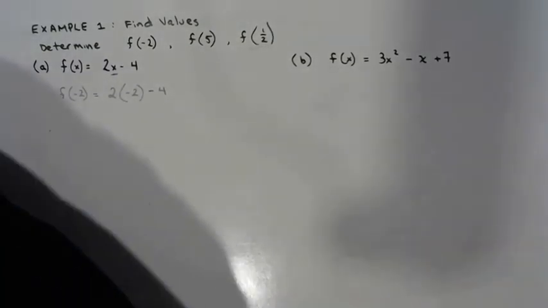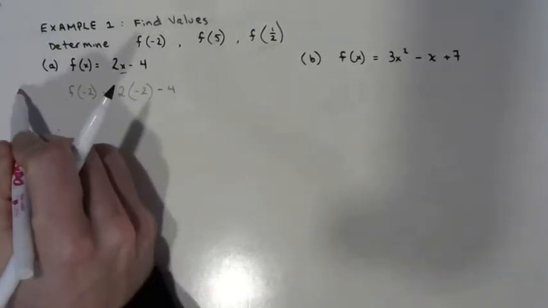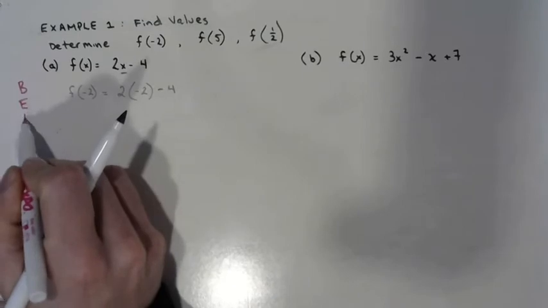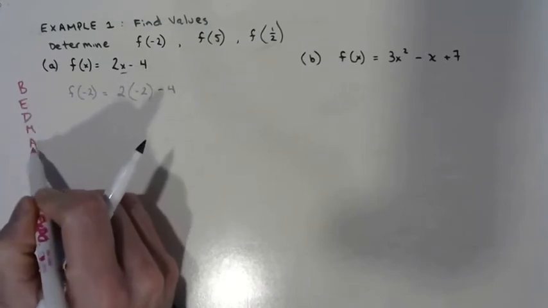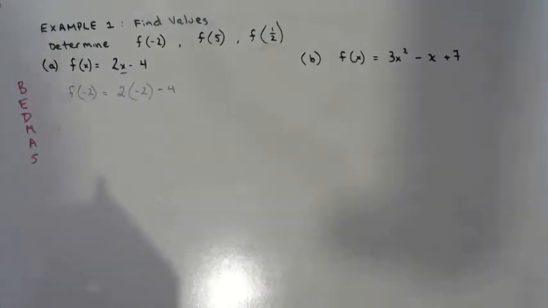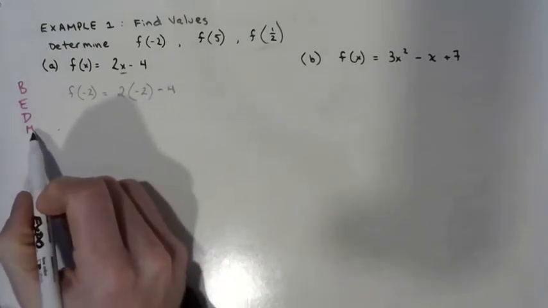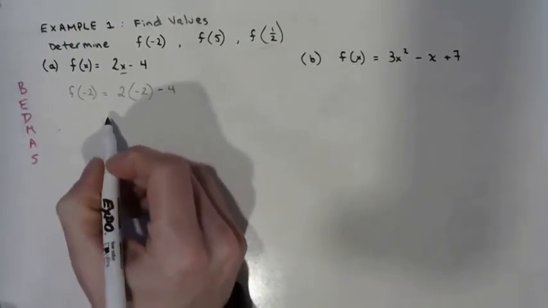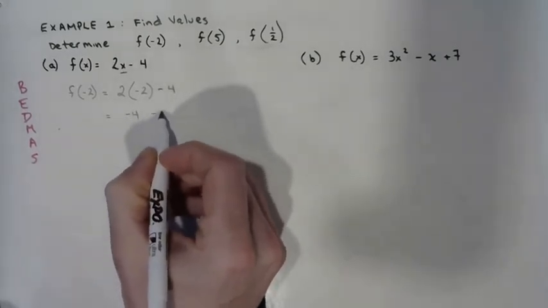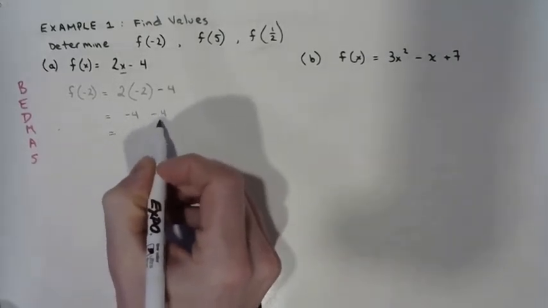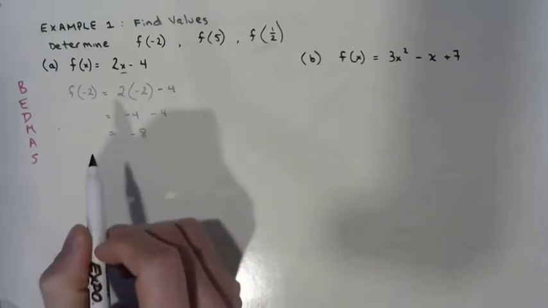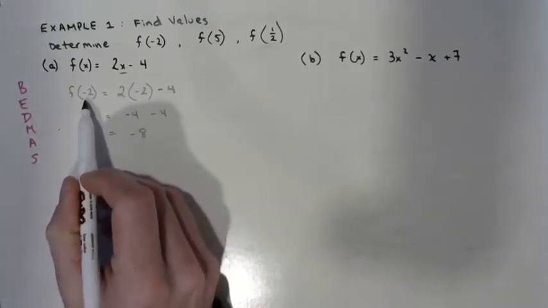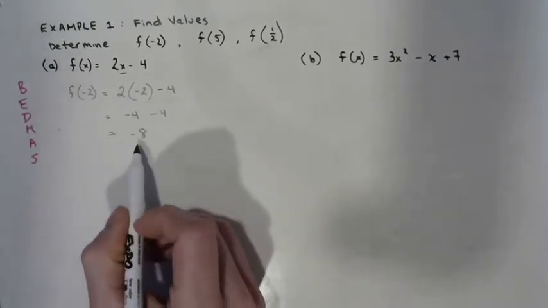I am using my algebra tools, for instance, BEDMAS, to determine which operation to perform first. In this case, multiplication comes before addition and subtraction. So I'm going to go 2 times -2, which is -4, -4. -4 minus 4 is -8. So the value of the function when x equals -2 is -8.